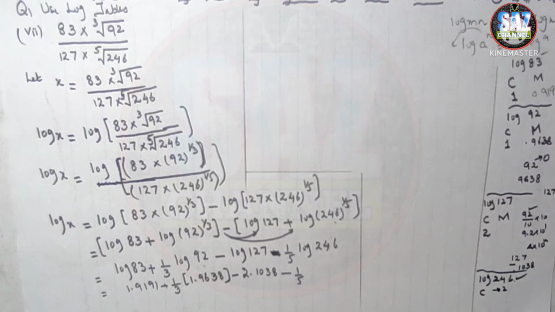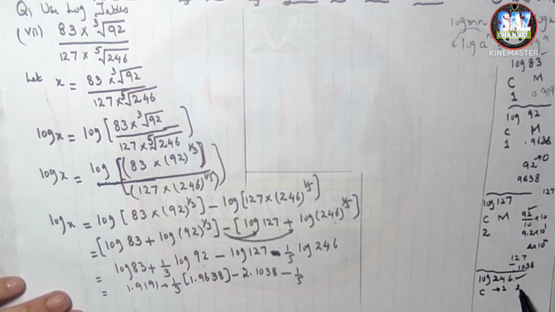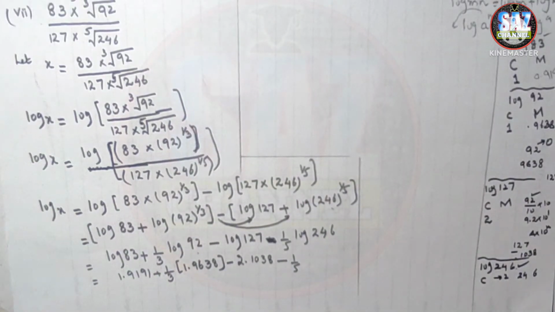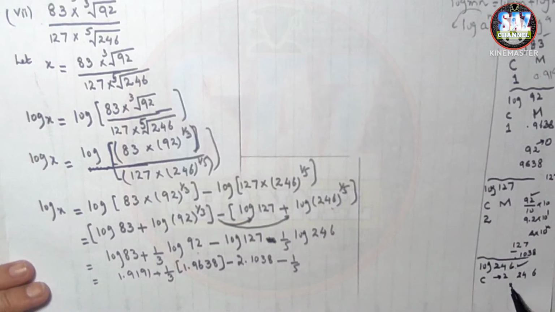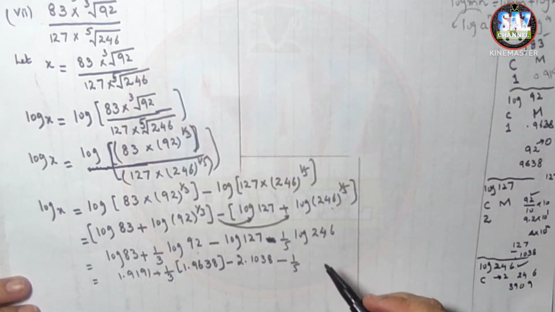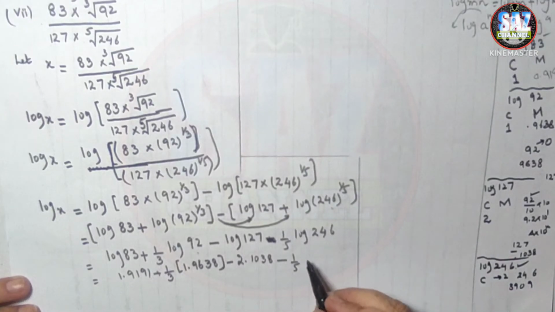For the mantissa, I locate 24 in the column of 6, and this gives me 3909.